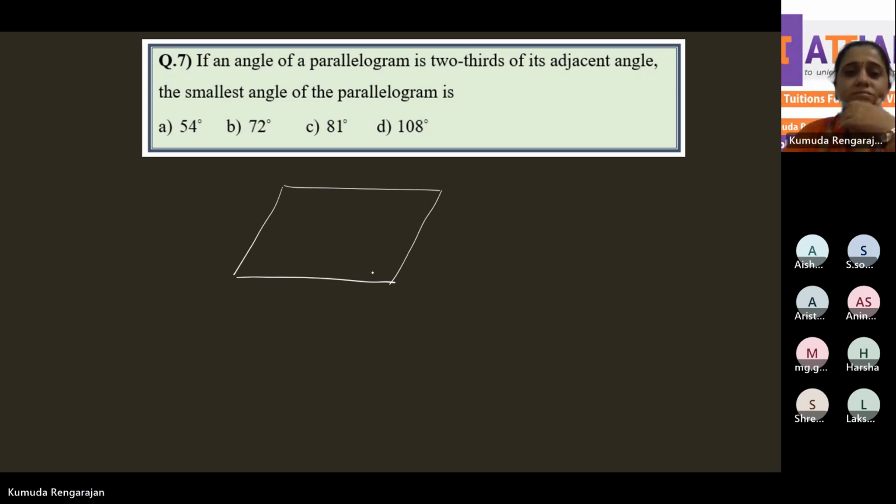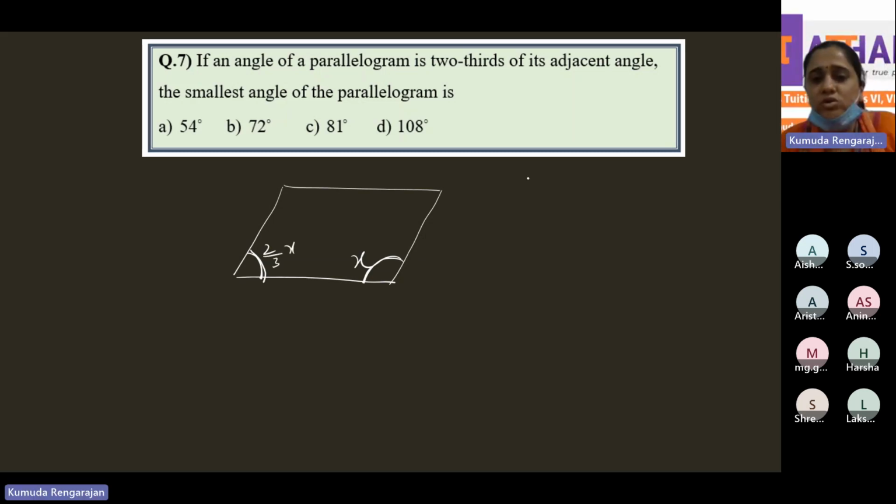One angle is 2/3 of its adjacent angle. Now, supposing we mark these two adjacent angles. And supposing this is x. This angle is 2/3 of x, 2/3 of its adjacent angle.